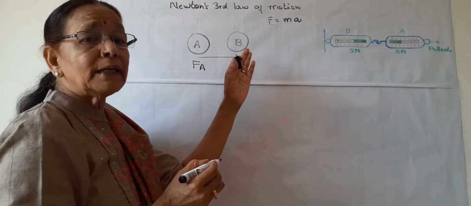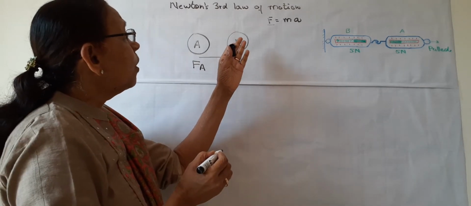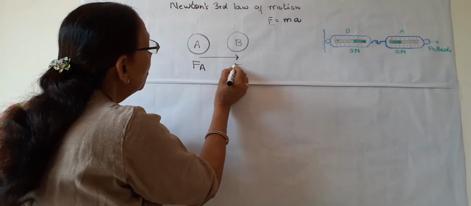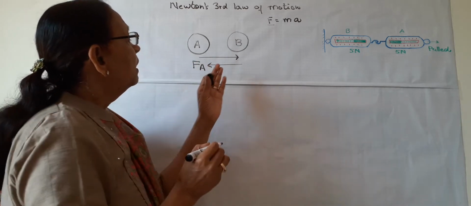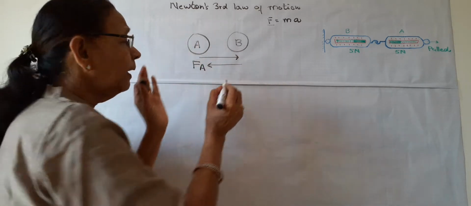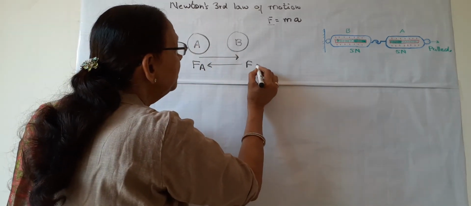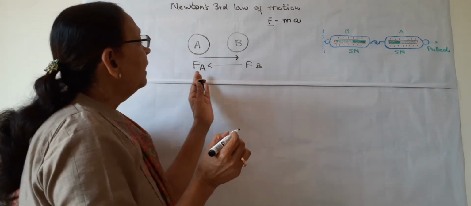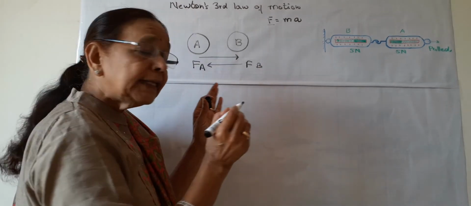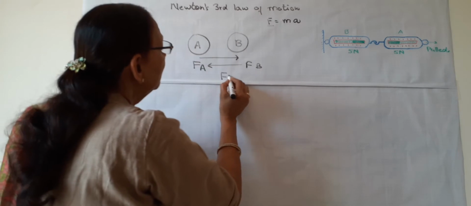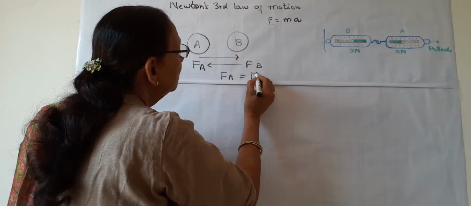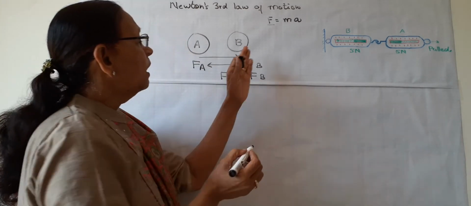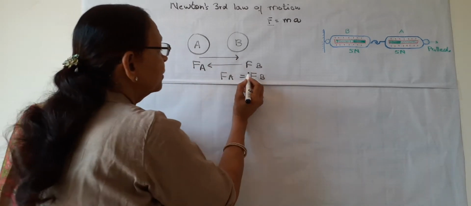So immediately, instantaneously, object B will also exert a force on A. This force is Fb, and these two forces are equal in magnitude, but they are opposite in direction.